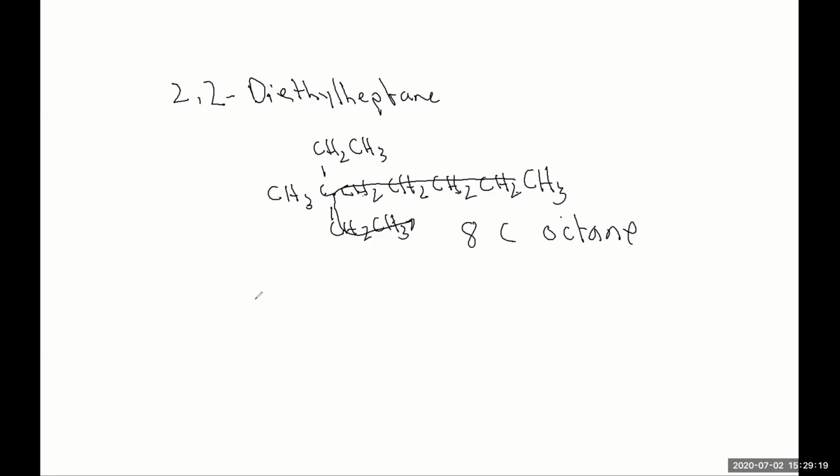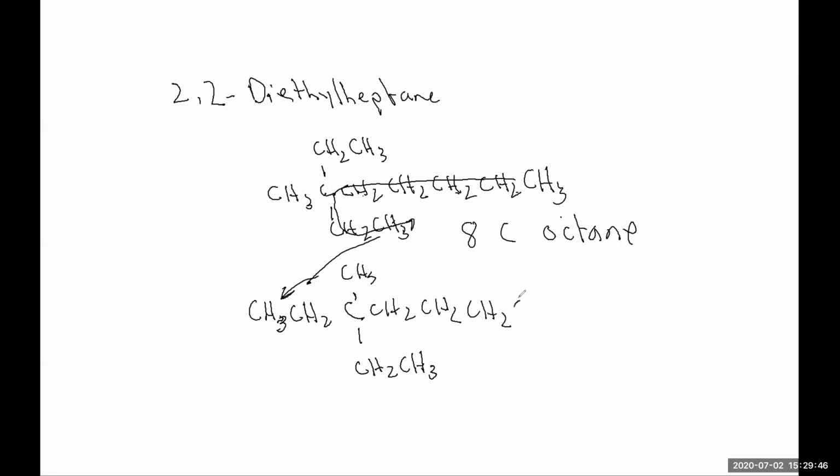So if we drew it, say starting here, and move that over here, CH2, C, there's still another ethyl group here we have to account for, and then there's a CH3, and then there's the 5 remaining. Okay, so it would be like that.